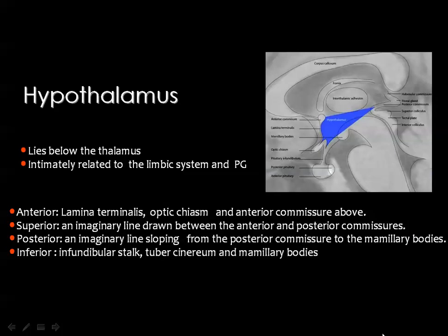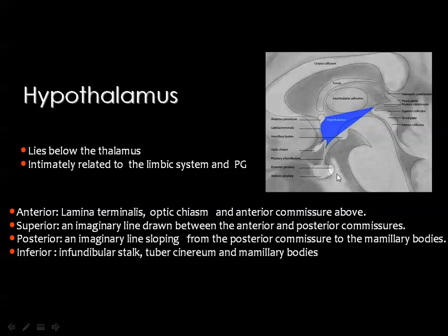Then where is the hypothalamus? The hypothalamus lies actually below the thalamus, and you cannot put your finger on an area that is known as the hypothalamus, but you can imagine the site of the hypothalamus.